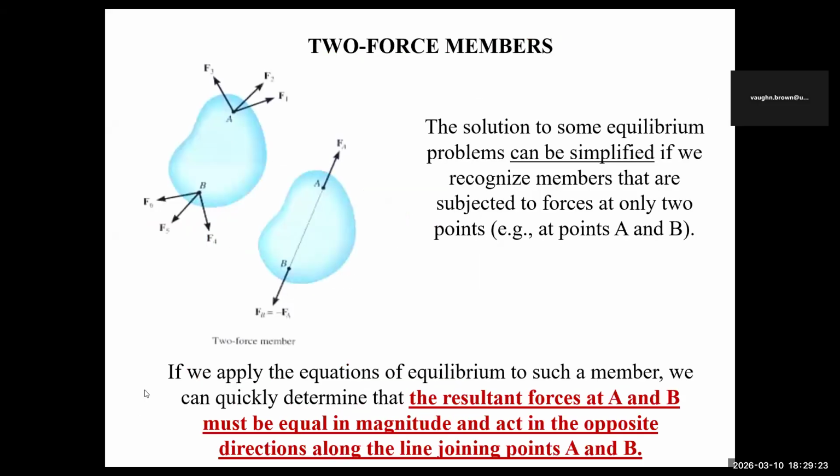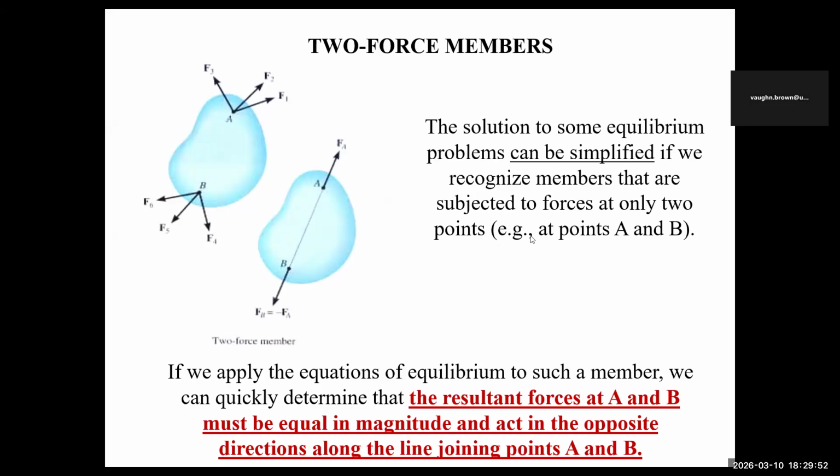Running along here, you have some forces on a point A, similarly B here. And what happens here is that all of these forces can give you a resultant force here. This can give you a resultant force. And then now you get FB is equal to minus FA. So the solution to some equilibrium problems can be simplified if we recognize the members that are subjected to force at only 2 points.